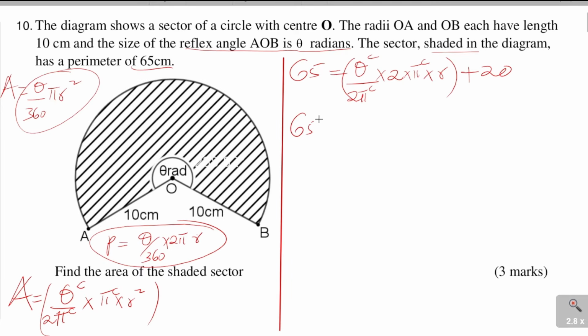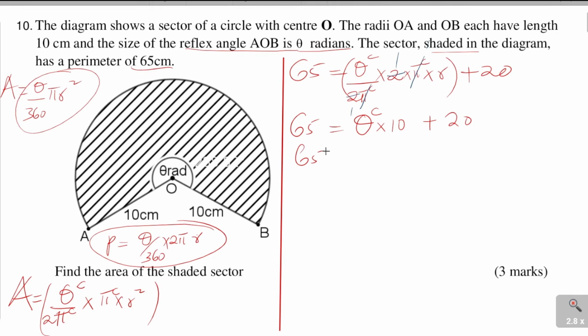So 65 is equal to, the pi radians cancel, and we divide by 2. Once we simplify, we get theta radians times the radius, which is 10, and then plus 20.